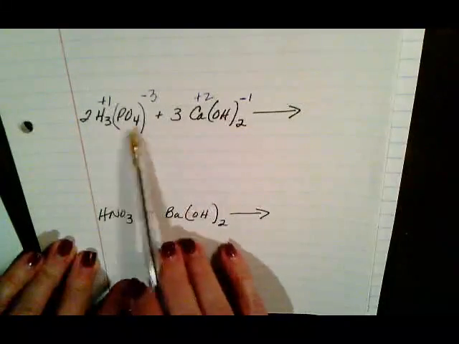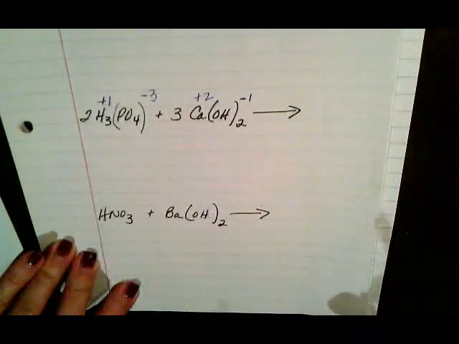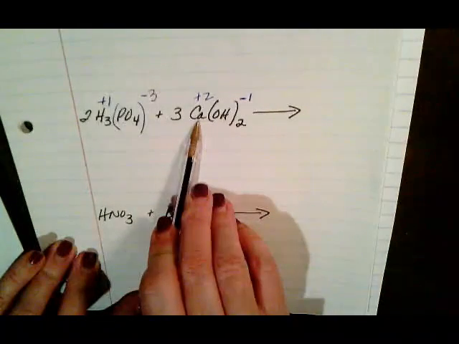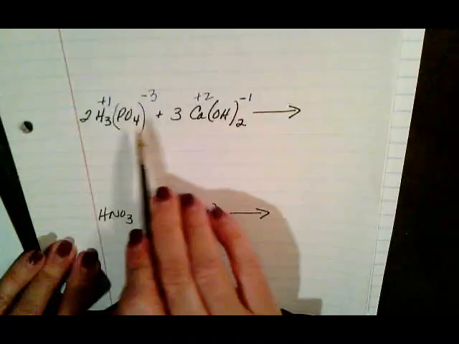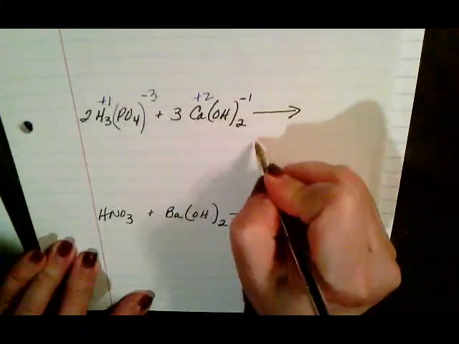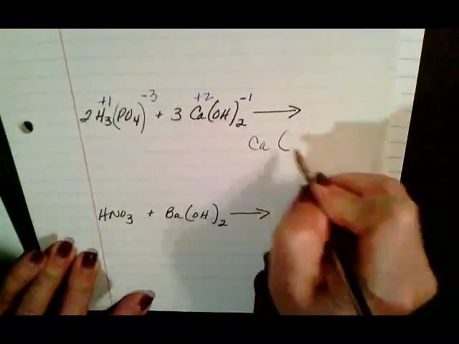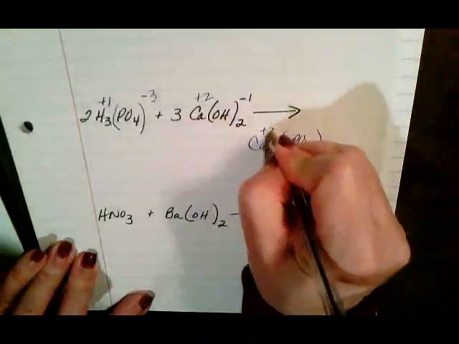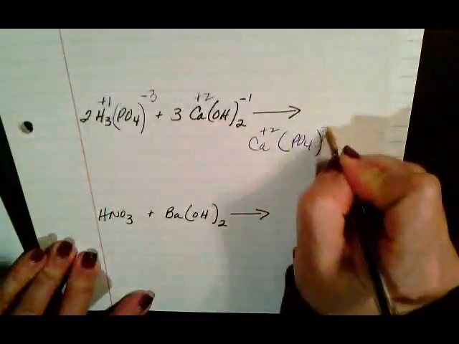This has been insane. All right, so now we have to do the double replace. So we know calcium is the metal that's first and phosphate is second. So Ca goes with the PO4. So that's a +2 and that's a -3.